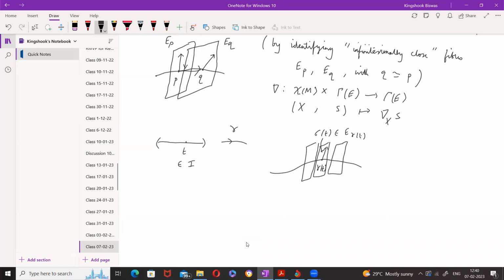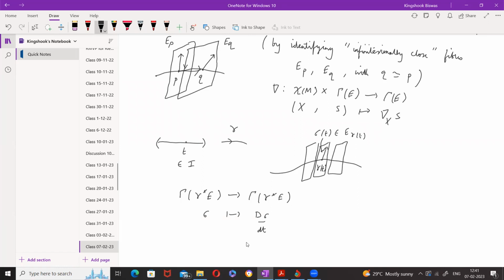Okay, so this is a section along gamma. And then we have a map from sections along gamma to sections along gamma, which is called covariant differentiation along gamma, which maps sigma to capital D sub dt of sigma.